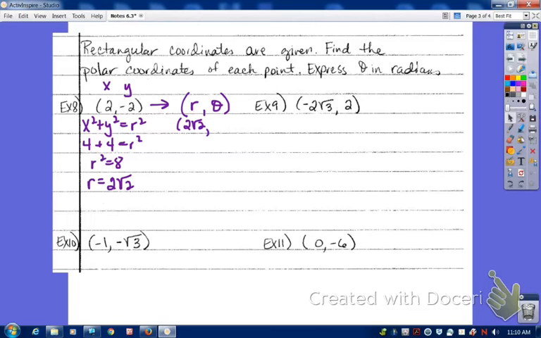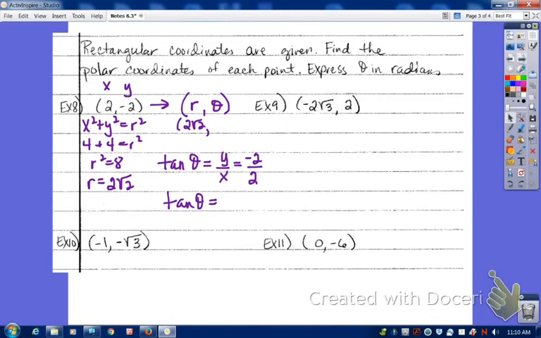Now your theta, you're going to find that because you know x and y. You're going to set up a little tangent problem. Tangent of theta, we're finding our angle here, is y over x. My y value is negative 2, and my x value is positive 2. You can simplify that if you want to.